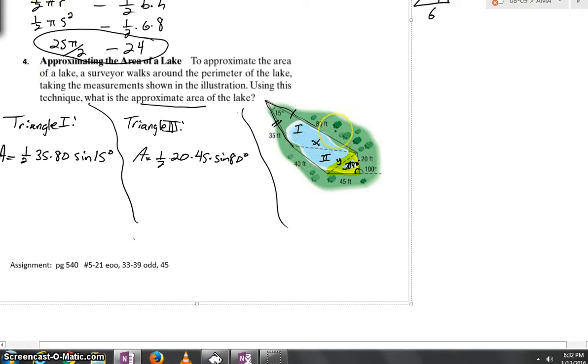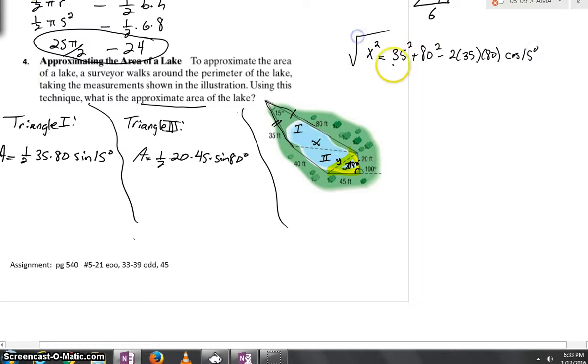I've labeled that X. So going back to the first triangle, using the law of cosines, we're going to be able to find that missing side that is shared between the two triangles. And we pretty much let the calculator do the work for us. We can take a square root on both sides here.